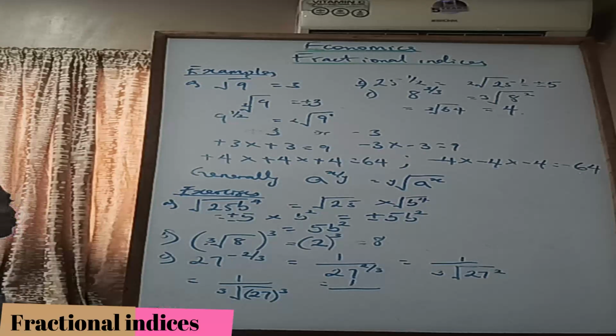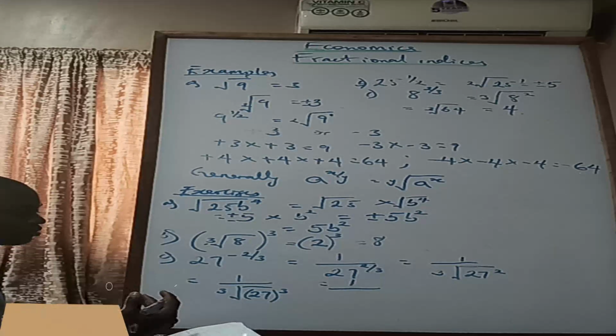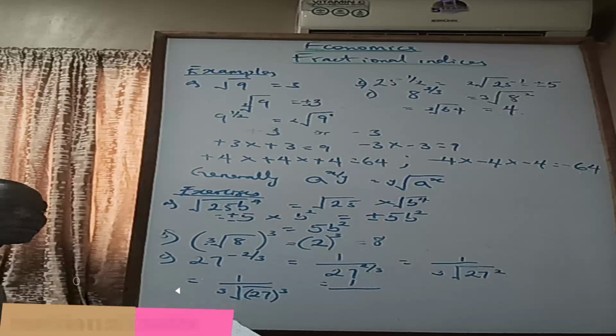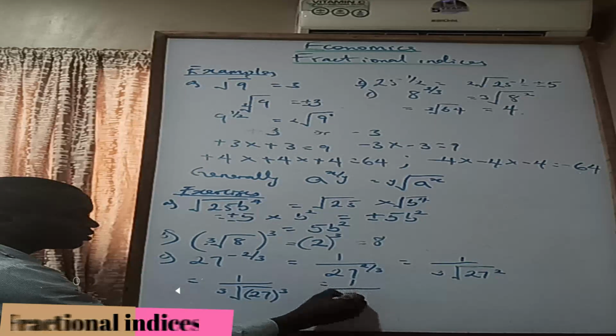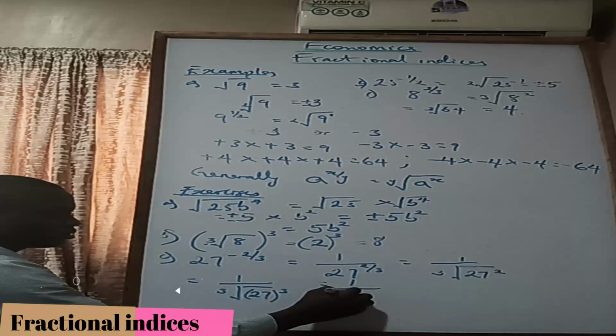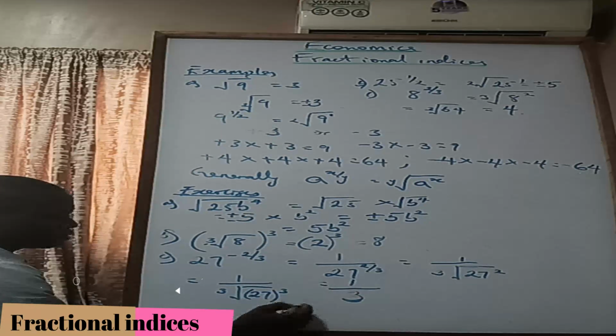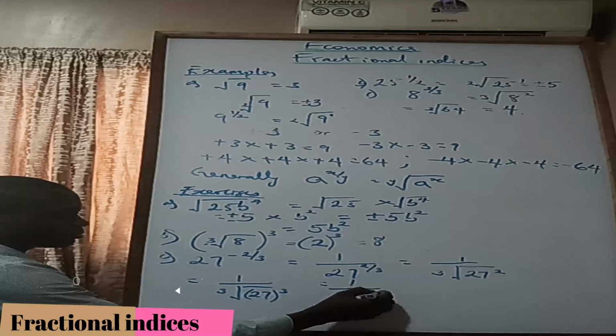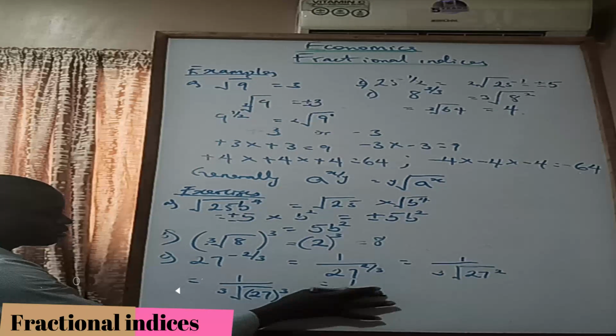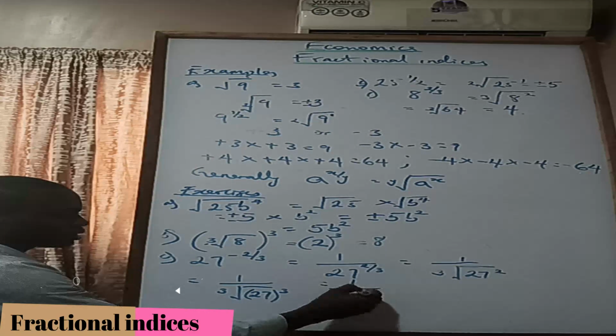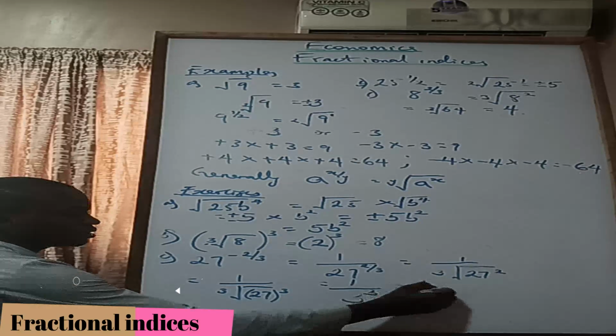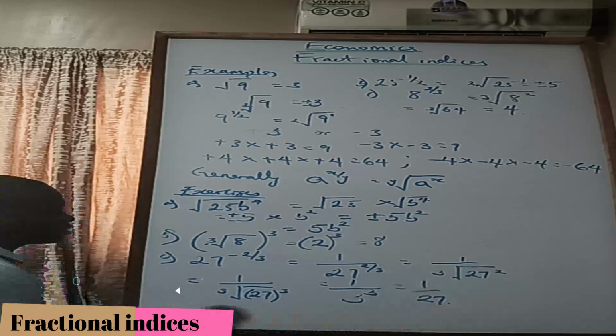What number will multiply itself 3 times that'll give me 27? So that's 3. 3 times 3, 9. 9 times 3, 27. So I'm going to have 3 here, then 3 raised to the power 3, which is equal to 1 divided by 27. So that's the answer to that.